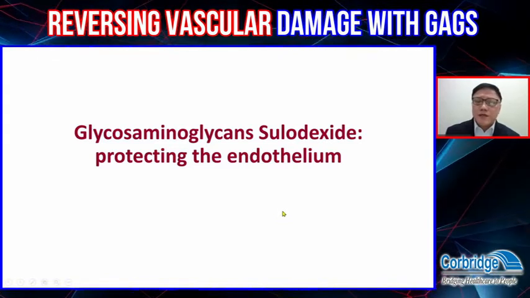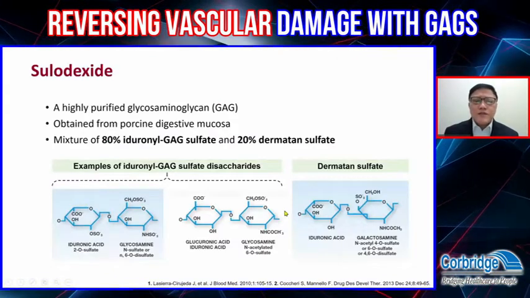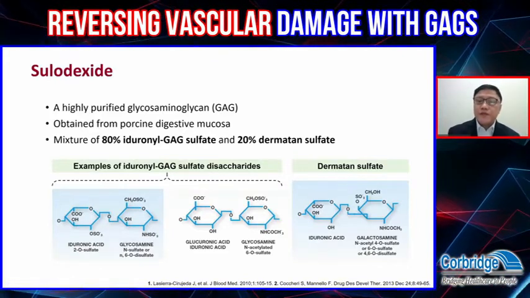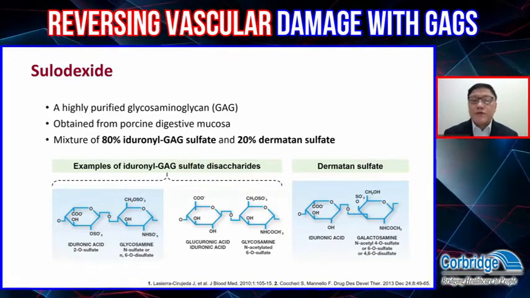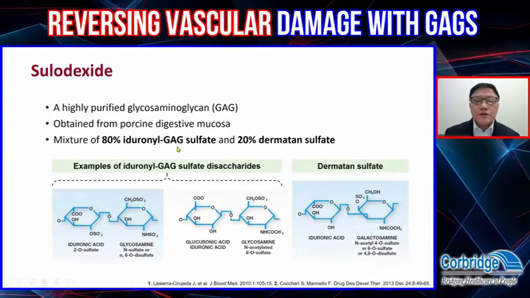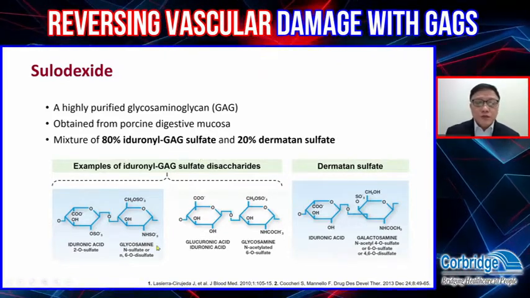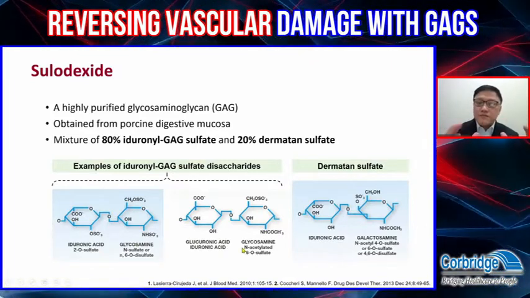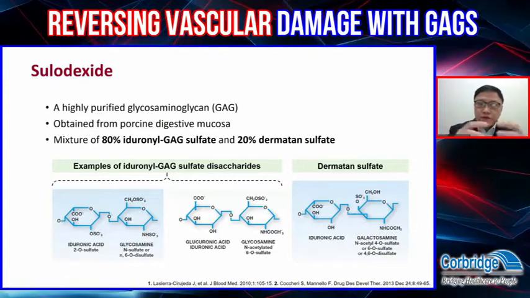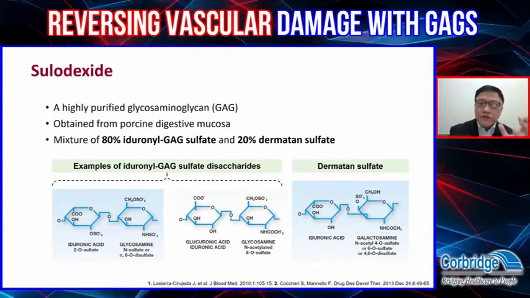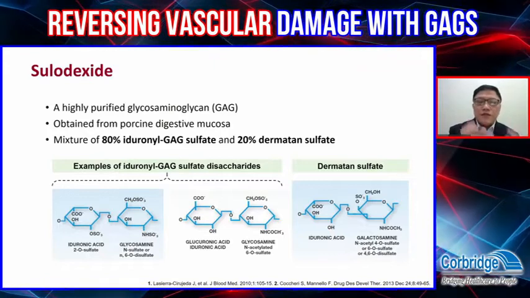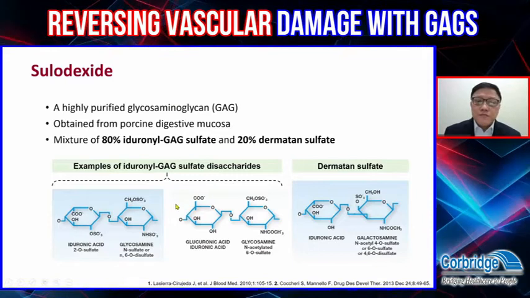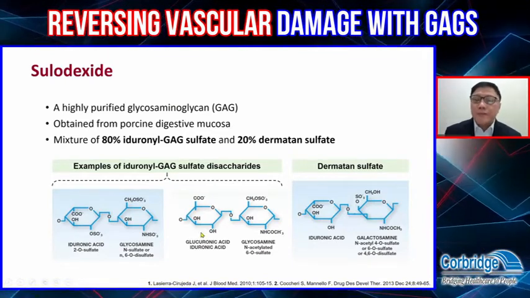What is sulodexide? It contains 80% iduronyl glycosaminoglycan sulfate and 20% dermatan sulfate. So the iduronyl glycosaminoglycans are composed of all of these kinds in structure, randomly associated with each other, and function as a fast-moving heparin.